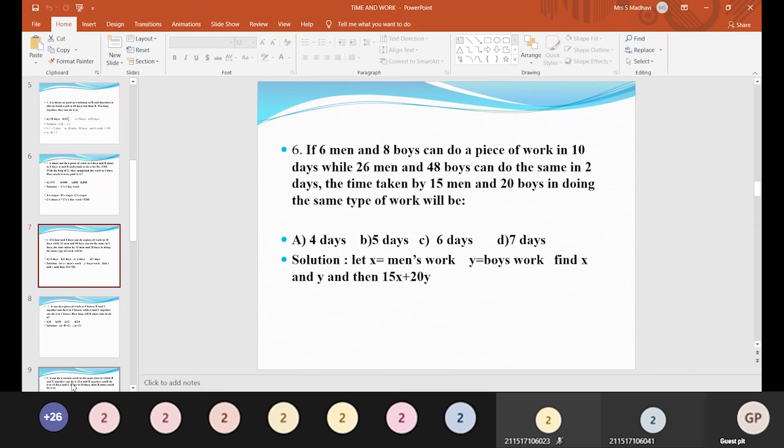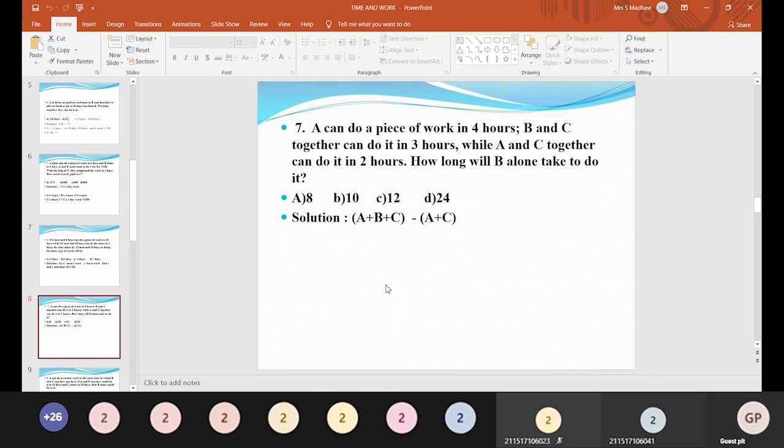So here the 15 men and 20 boys can do the job in 1 day's work of 1 by 4. To calculate the number of days, we have to take the reciprocal of this. So 15 men and 20 boys can complete it in 4 days.